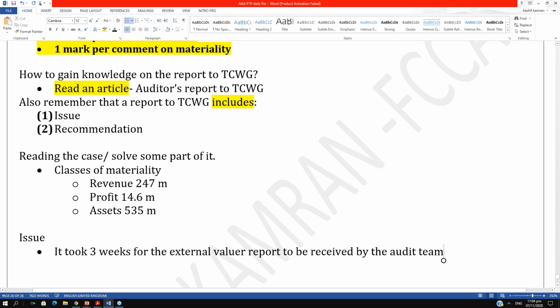Obviously, this must have caused inefficiencies in the audit, and this must have caused the auditor to perform procedures late, right? It must have delayed your procedures, right? It must have resulted in you performing procedures late on the external valuer report. So it took 3 weeks for the external valuer report to be received by the audit team.